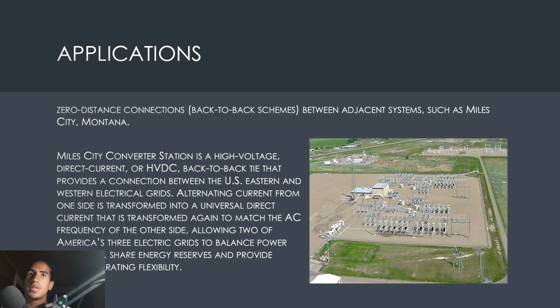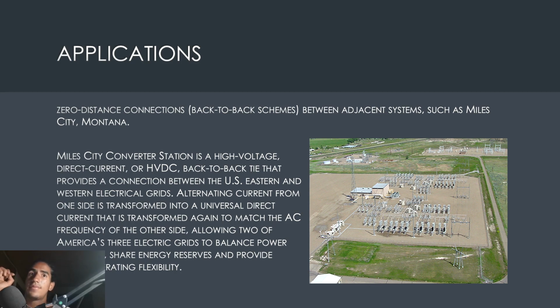Another application in the US is the zero distance connections, back-to-back schemes between adjacent systems such as Miles City in Montana. This converter station is a high voltage direct current, HVDC, back-to-back tie that provides a connection between the US Eastern and Western electrical grids.